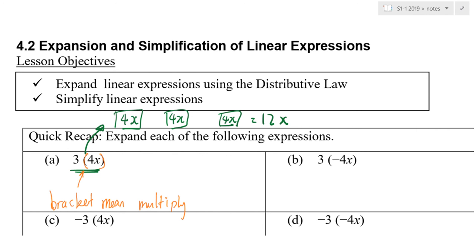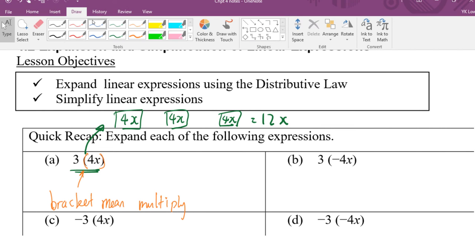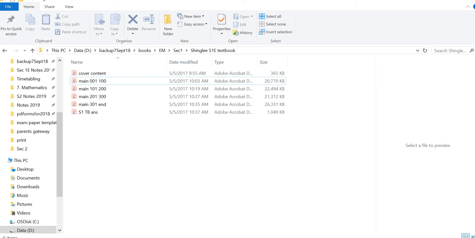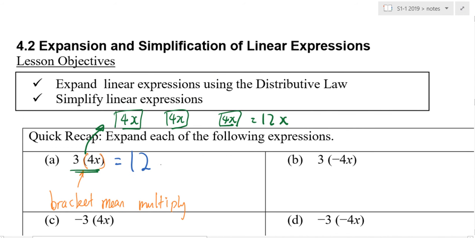So if multiply means plus 3 times plus 4, what do you get? 12, right? So over here, the answer will be 12x. Easy?